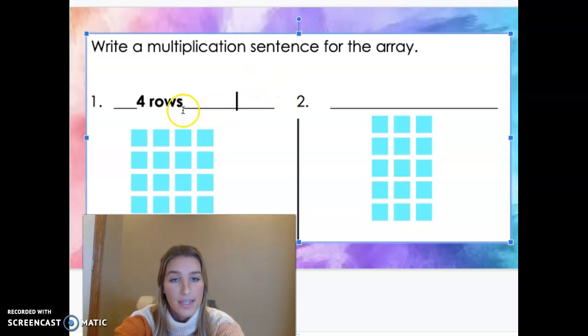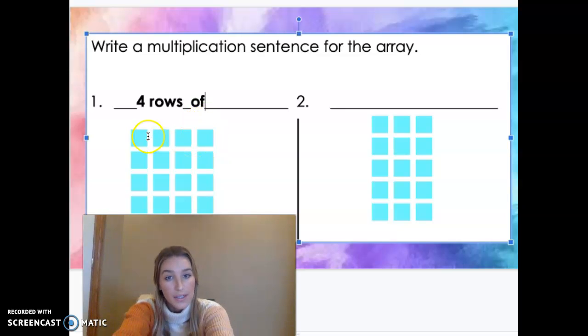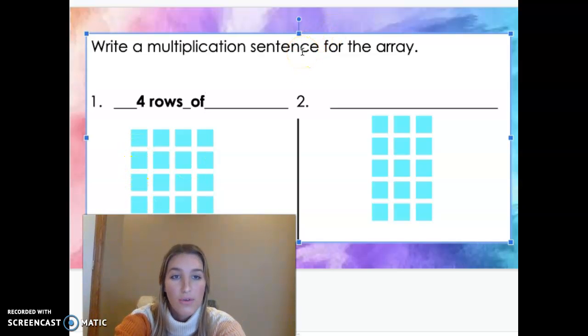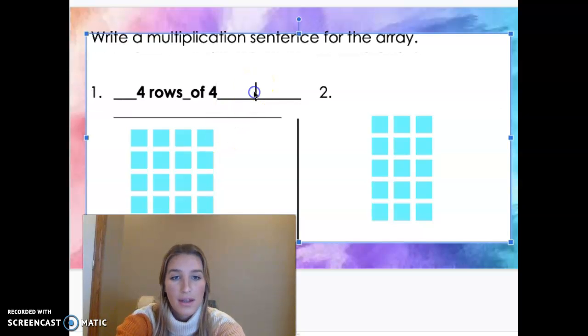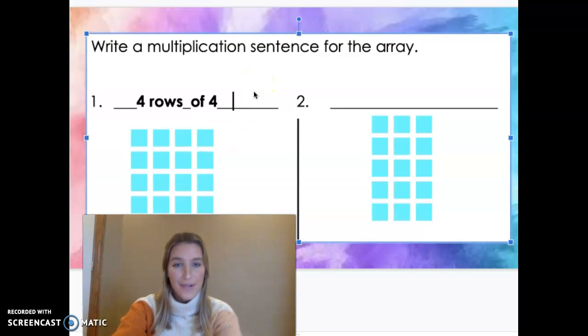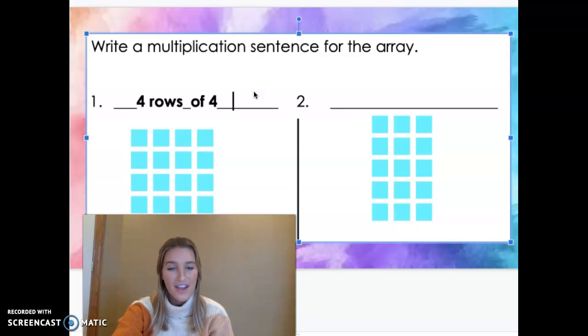And then I want to say of 1, 2, 3, 4. So there's 1, 2, 3, 4, and 1, 2, 3, 4 in each of them. So 4 rows of 4. Oh my goodness. We solved that one all by ourselves.